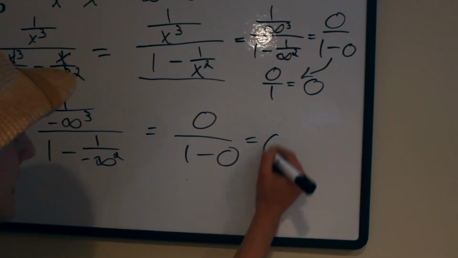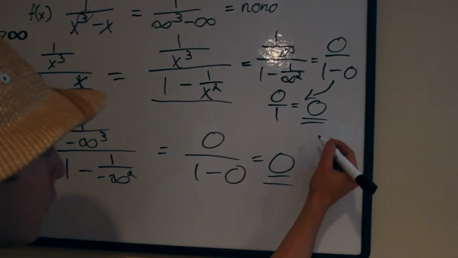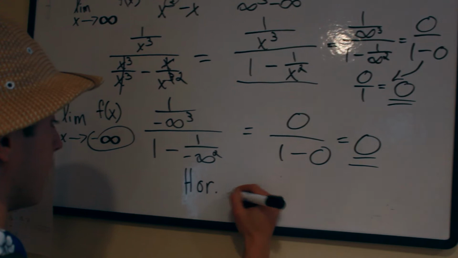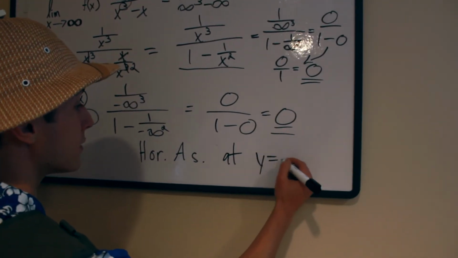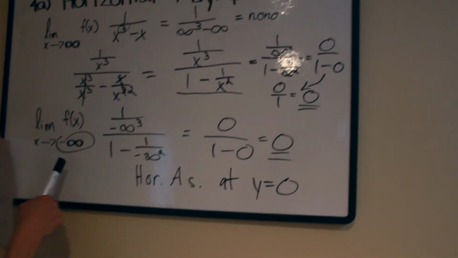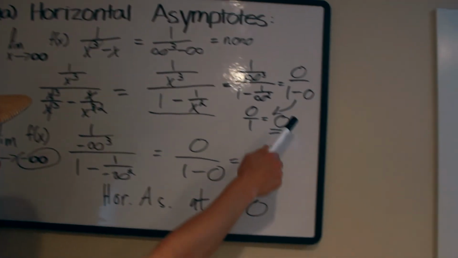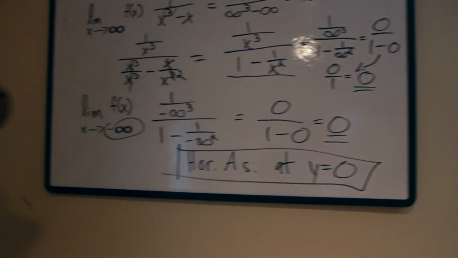Therefore, it is 0. Now, that means that we are going to have a horizontal asymptote at y equals 0, because both functions from negative infinity to positive infinity equal 0. That's our first answer.